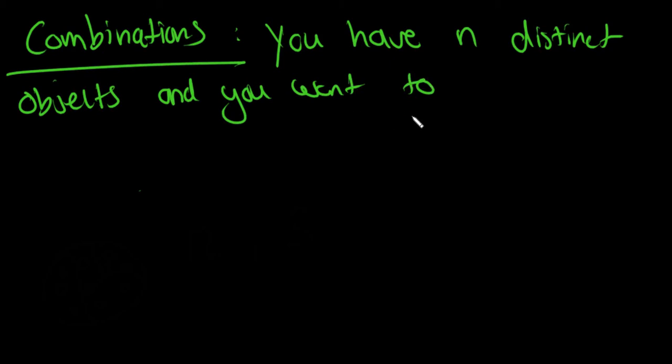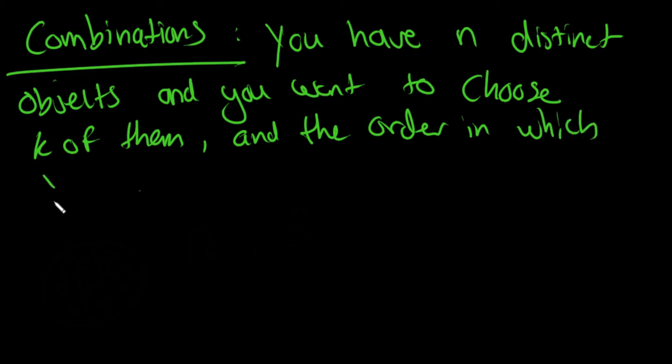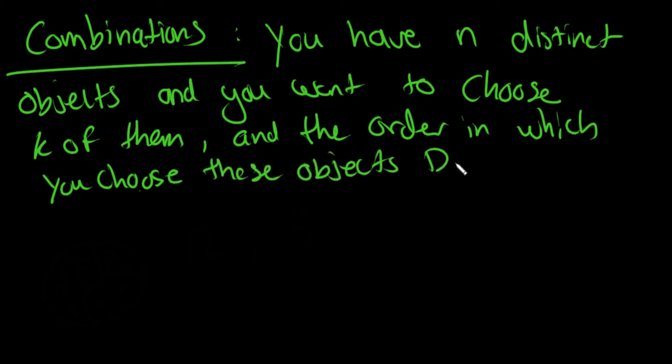You have n distinct objects and you want to choose k of them, and the order in which you choose these objects does not matter.